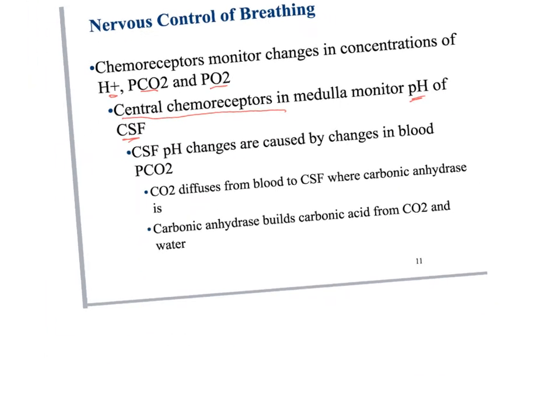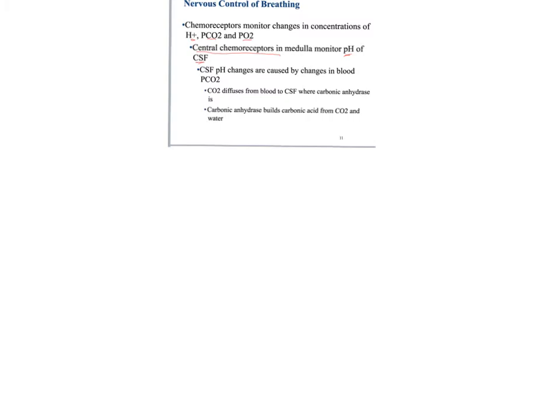So we know when CO2 goes up, it's going to diffuse into CSF, through the blood. Eventually, it's going to get in the blood, and it's going to form H2CO3, and then that's going to break into H plus and HCO3 minus.